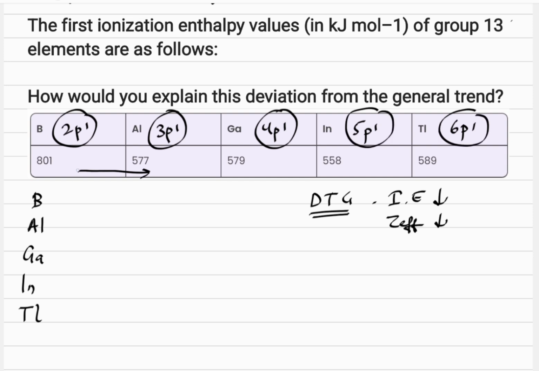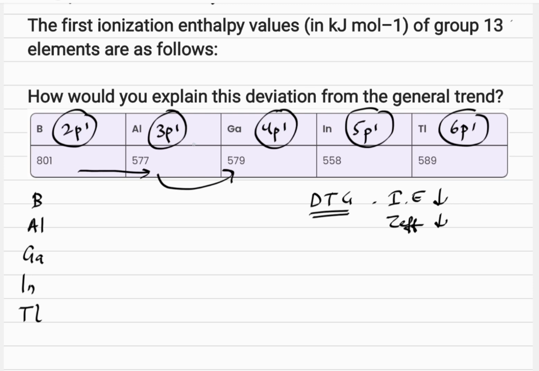And like I said, the trend is being followed going from boron to aluminium. But going from aluminium to gallium, there's a problem. Instead of decreasing, it's increasing just a little bit, but it's still increasing. Now, why is that? Aluminium is 3p1 and gallium is 4p1.